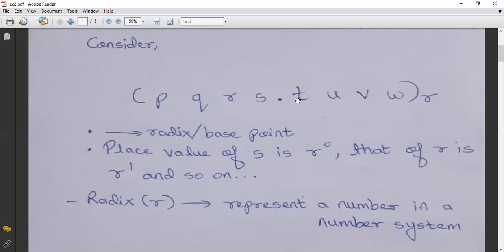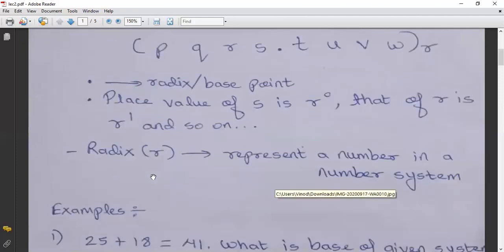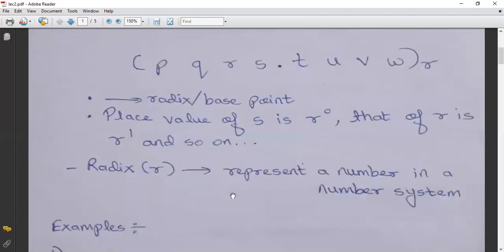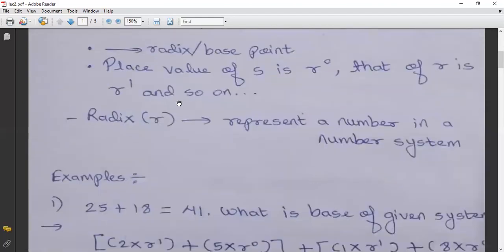So for T, the place value will be R raised to -1 now and the face value will be T. For U, it will be R raised to -2 and the face value will be U. For V, the place value will be R raised to -3 and the face value will be V. For W, the place value will be R raised to -4 and the face value will be W. So here the same thing is written: radix R represents a number in a number system. Let us see some examples and understand it in more detail.